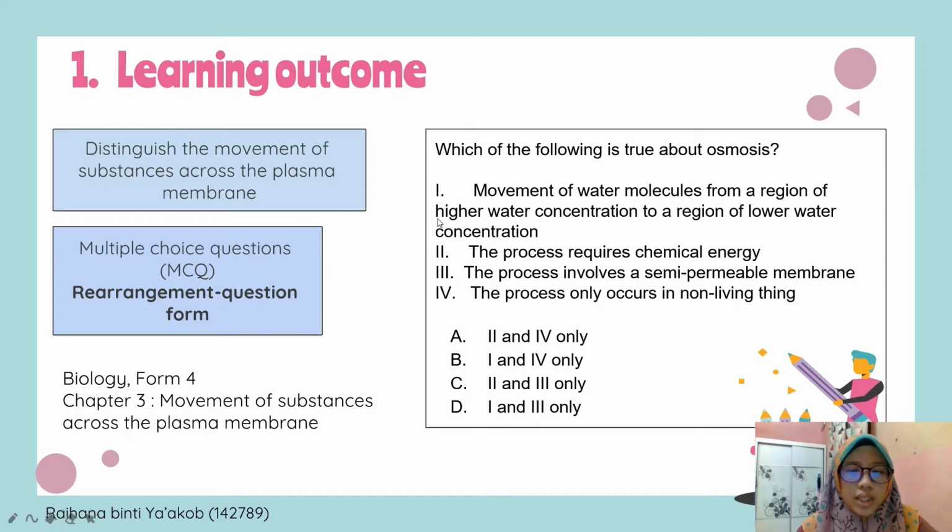Based on these statements, only 2 statements match osmosis. The answer is D, statement 1 and statement 3. It is because movement of water molecules from a region of higher water concentration to a region of lower water concentration, and statement 3, the process involves a semi-permeable membrane, match the osmosis concept.